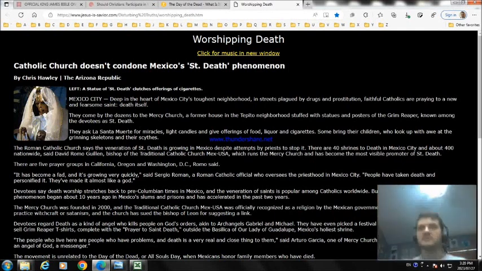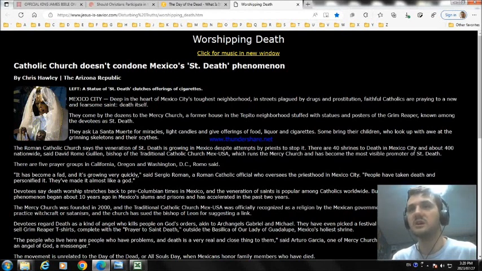So it says right here, the Catholic Church doesn't condone Mexico's Saint Death phenomenon. Mexico City, deep in the heart of Mexico's toughest neighborhood, the streets plagued by drugs and prostitution. Faithful Catholics are praying to death himself. Dozens come to the Mercy Church and the neighborhood's temple, with statues of the Grim Reaper, known to devotees as Saint Death, La Santa Muerte.